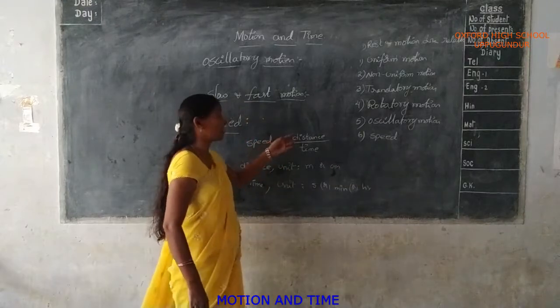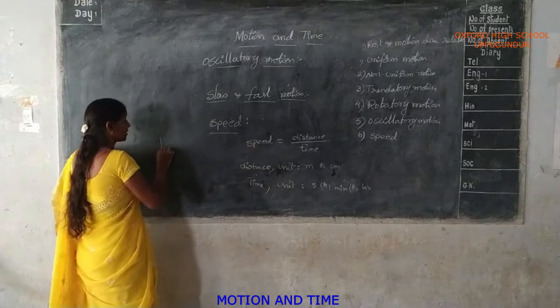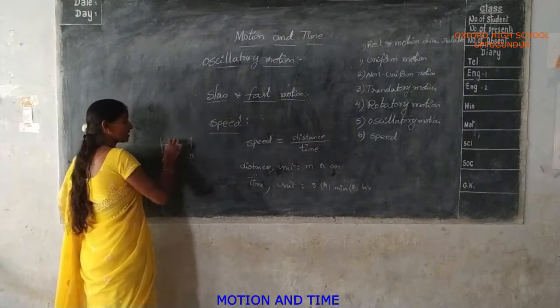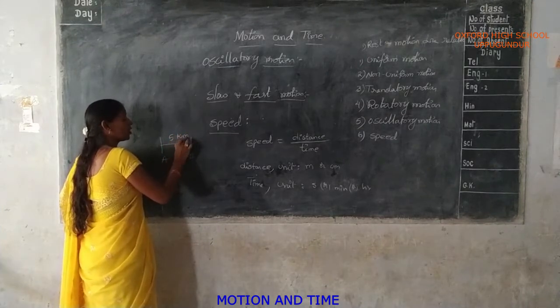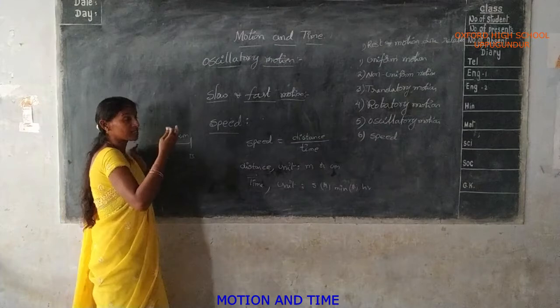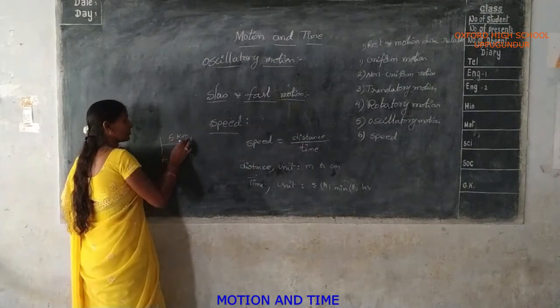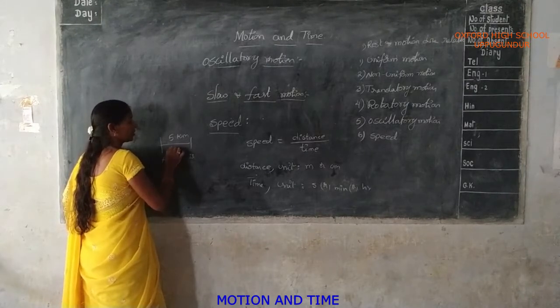Here, see, we already discussed some examples before. Yes or no? An object moving from A to B covers 5 kilometers. Kilo is for measuring long lengths. That is 5 kilometers in 25 minutes, so the time interval is 25 minutes.